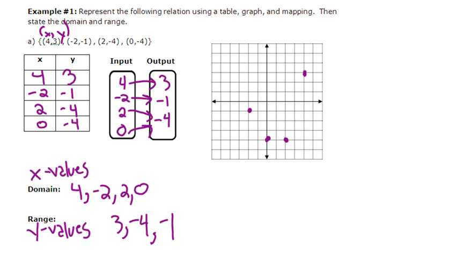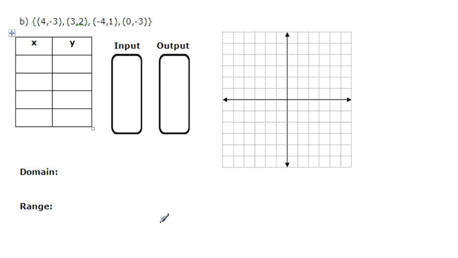So let's look at the next example. So here I have 4, -3, 3, 2, -4, 1, and 0, -3. So again, as a table, I have 4, -3, 3, 2, -4, 1, 0, -3.